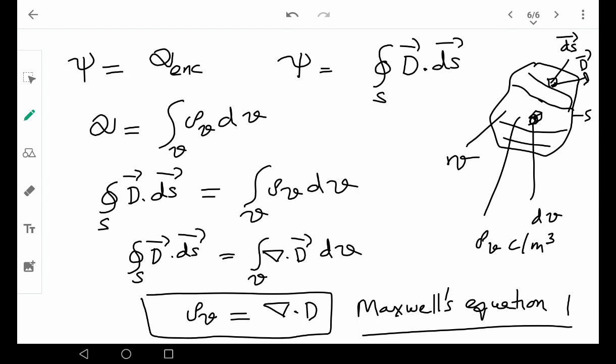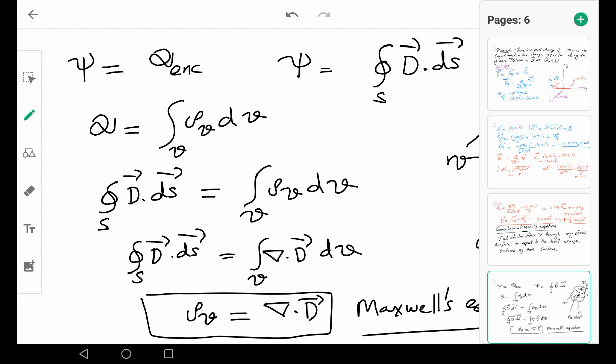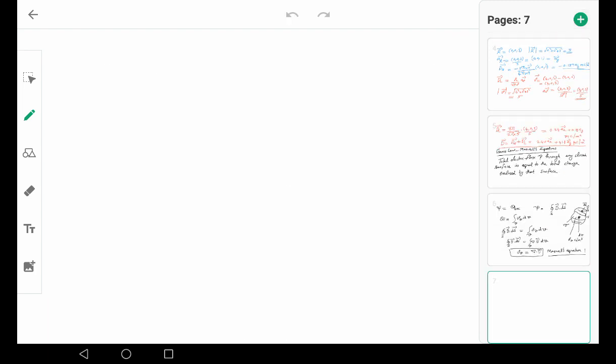There are 4 Maxwell's equations, and this is the first. What it says is the volume charge density is the same as the divergence of the flux density. That's what Maxwell's equation says, right?